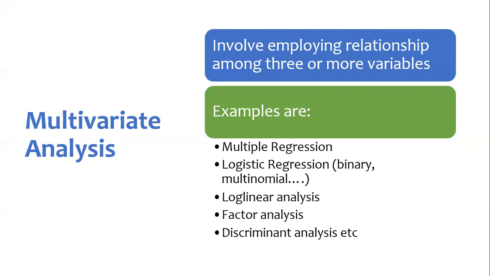Multivariate analysis involves examining the relationship among three or more variables. Most of the time, we don't get to this level of multivariate analysis until you have been able to ascertain there's an association between those variables. So you want to look at the strength of the association rather than just the direction of the association. In bivariate analysis, you can see the direction of the association, but in multivariate analysis, you can actually see the strength of these.